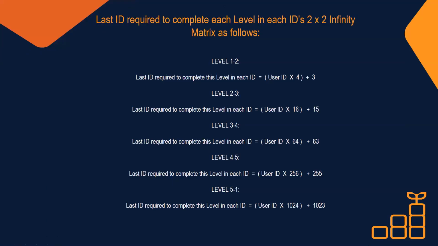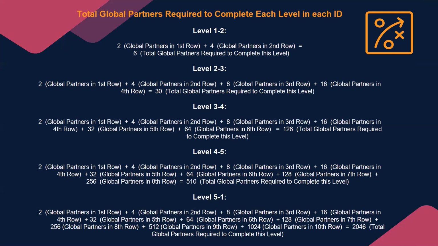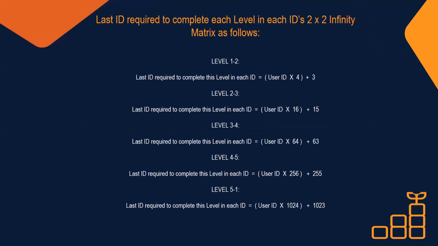We also added on the PDF itself how to calculate your required IDs or your required partners on the 2 pages. How to know which ID was registered, so that can push you to recycle from a level to another. This is the easiest way. You can just take your ID multiplied by 4 plus 3.